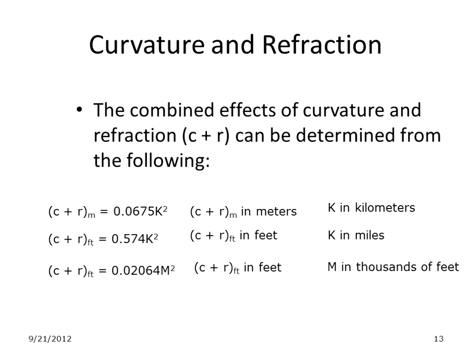So you can take the combined effects of curvature and refraction, the error due to curvature and the error due to refraction. They've been combined into a single formula to account for both of those errors, especially since they work against one another.